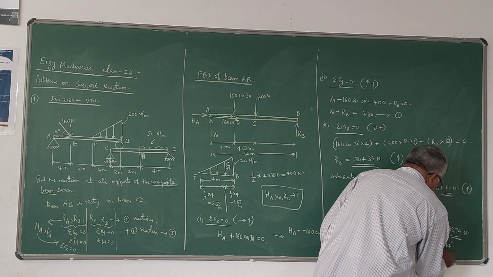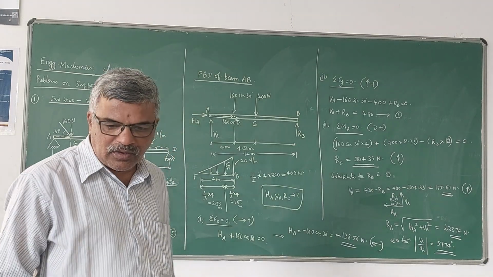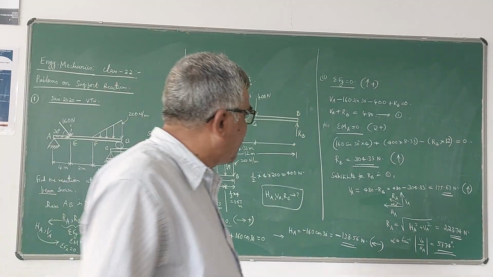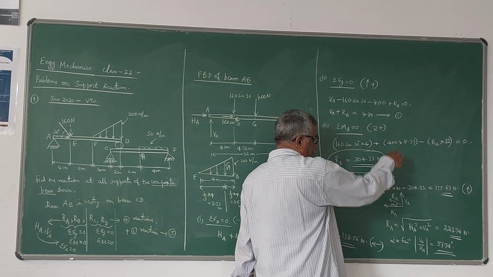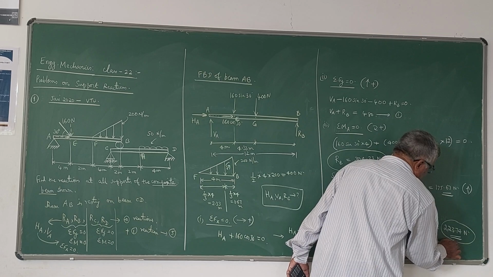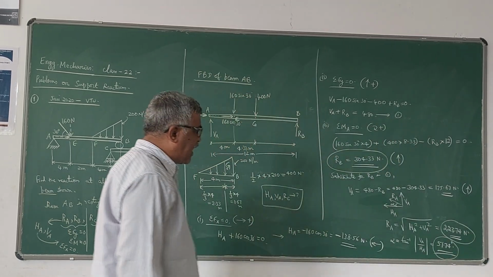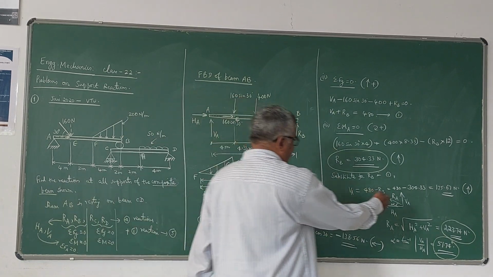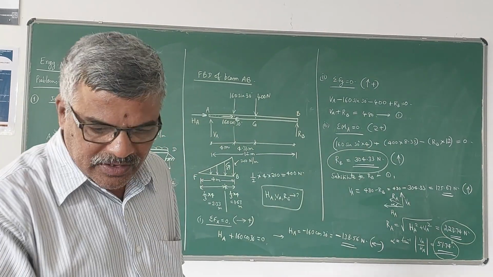So this is the reaction at A. So we have got RB, which is equal to 304.33, acting upwards, and RA we have got 223.74 Newton, making an angle of 51.74 degrees and acting in the second quadrant, like this, because HA is negative and VA is positive.